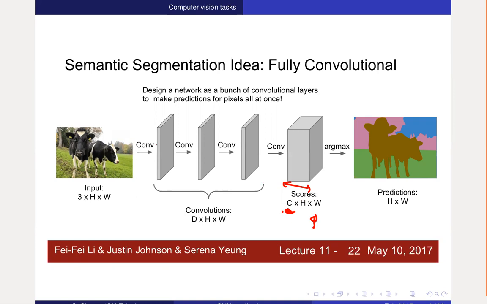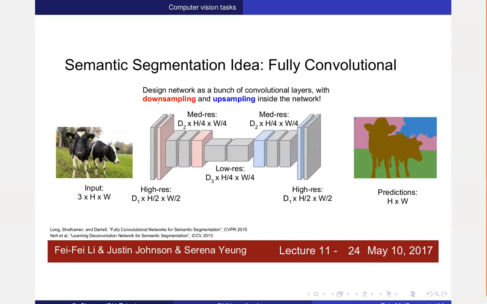The problem is that we have quite a lot of computation this way, if for each layer we do the convolution over the entire image. So typically we want to do some downsampling, as we do in classification. But once we downsample, we need to upsample again, because the output now has the resolution of the entire image.